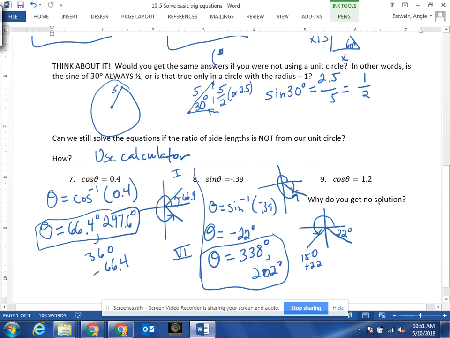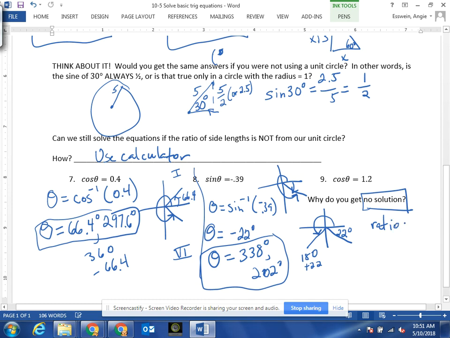What about this? Try 1.2 and hit inverse cosine, and what happens? Domain error, no solution. Why do you think you can't have 1.2? You're right.